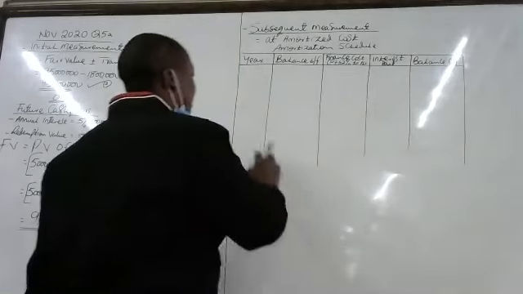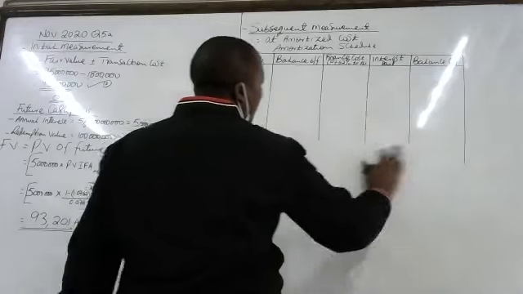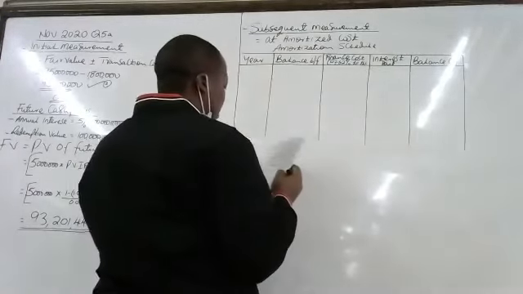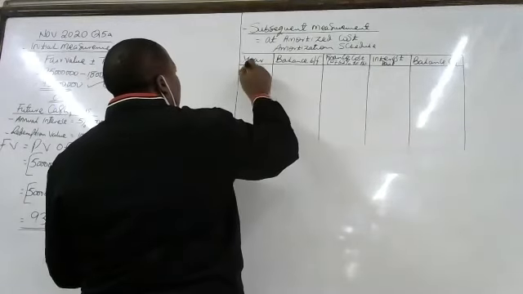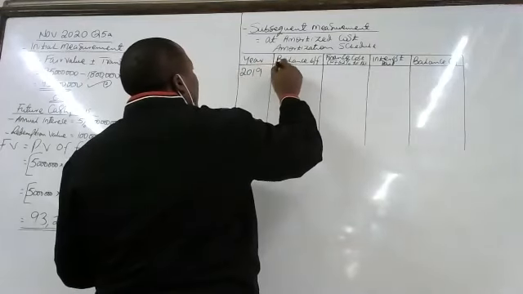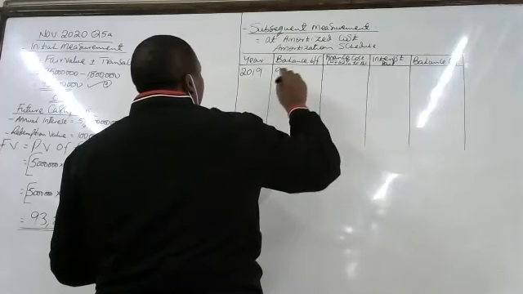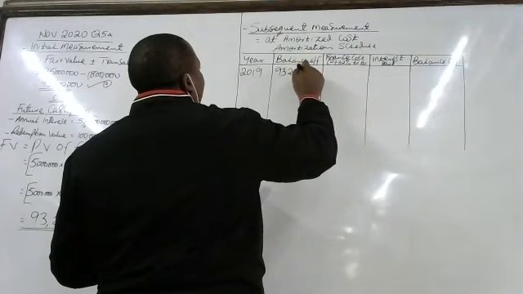So we start with year one, which is 1st January 2019. As at the beginning, we recognize 93 million.